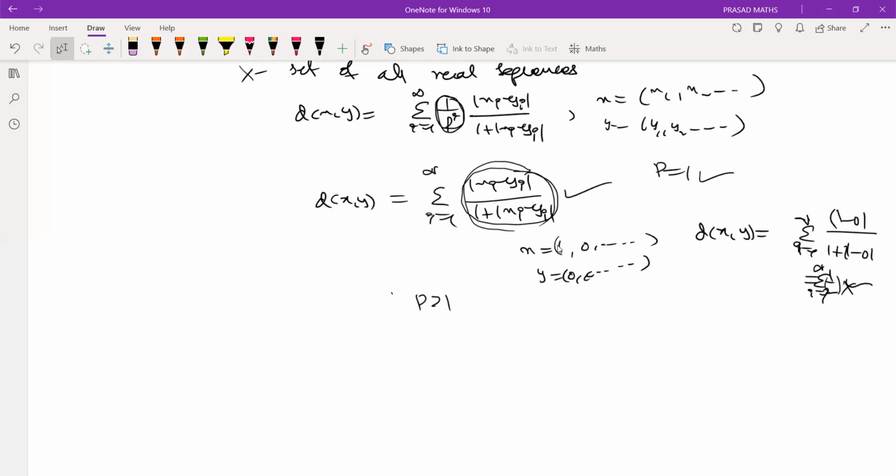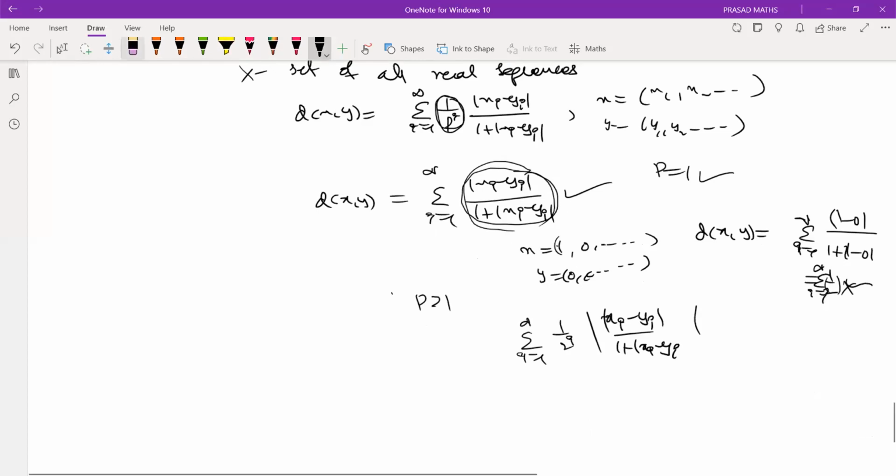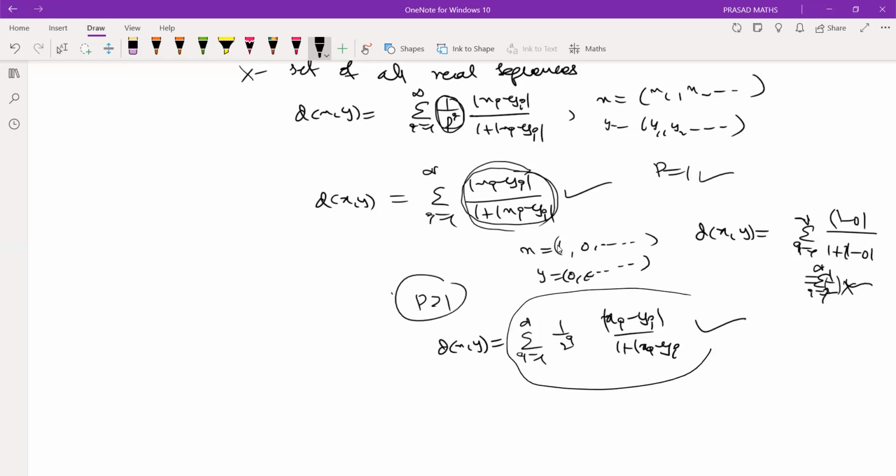If you take p equals to 2, what happens? 2 power i, mod of xi minus yi divided by 1 plus mod of xi minus yi. Without loss of generality I can take p equals to 2. Is the series convergent? The answer is yes.